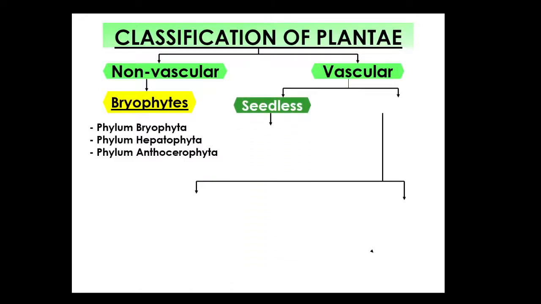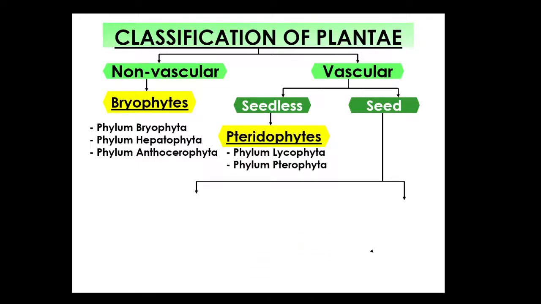If it is vascular, we look at whether it is seedless or seed. If it does not produce seed, it is seedless, so it goes into Pteridophytes. Under Pteridophytes, we have phylum Lycophyta and phylum Pterophyta.